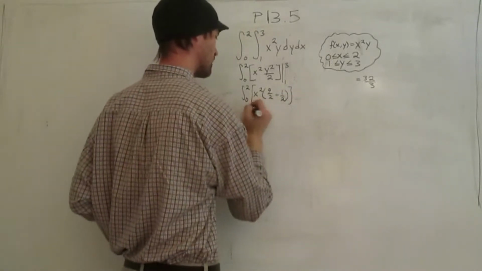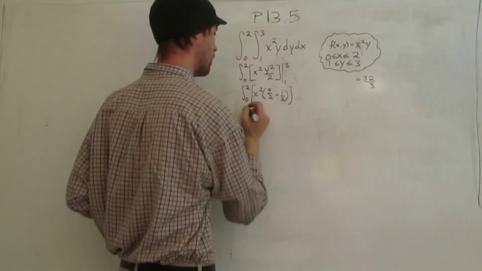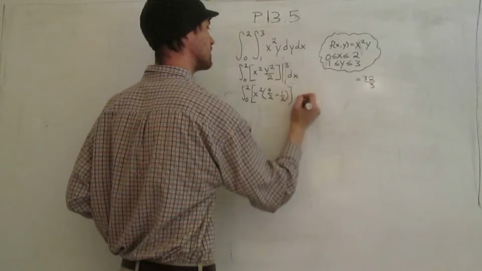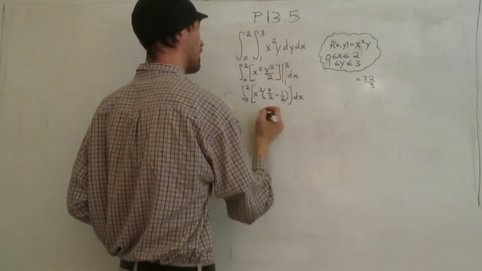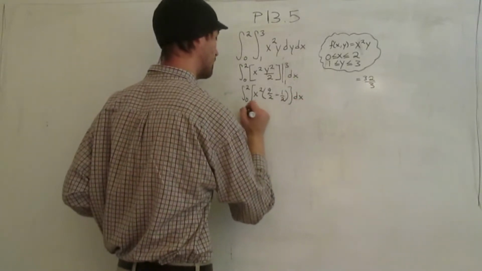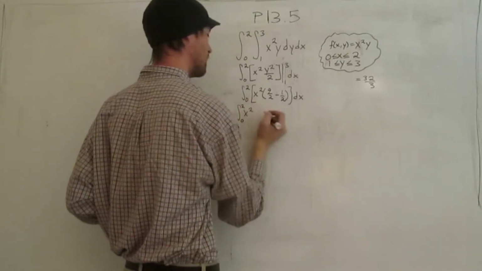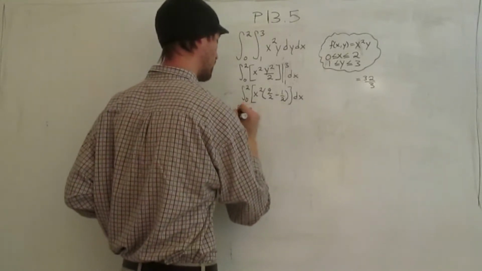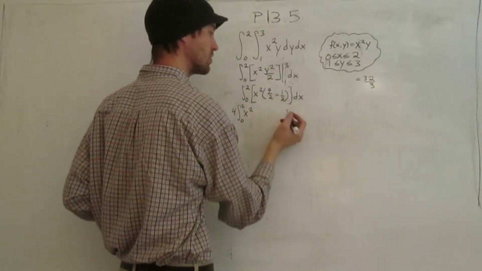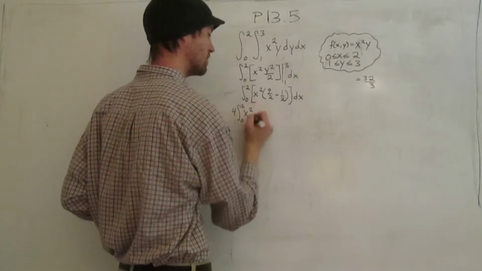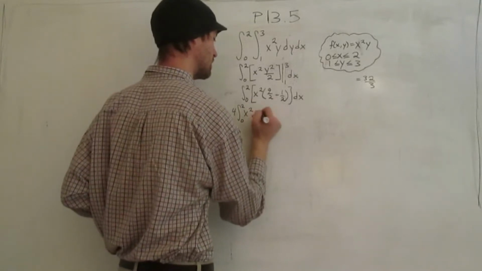We can actually evaluate this: 9 minus 1 is 8, over 2 is 4. So this is 4x squared. And don't forget your dx here. We can bring the 4 out of the integrand. So we're integrating from 0 to 2 of x squared dx.